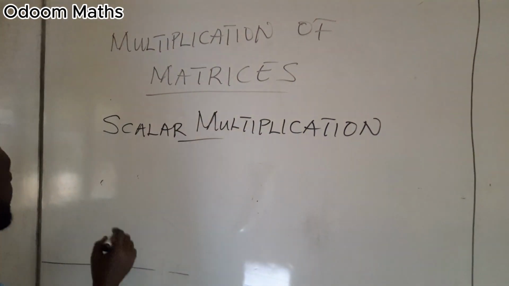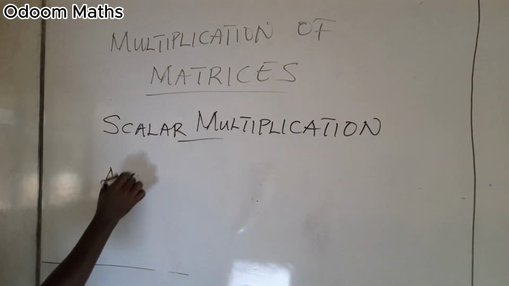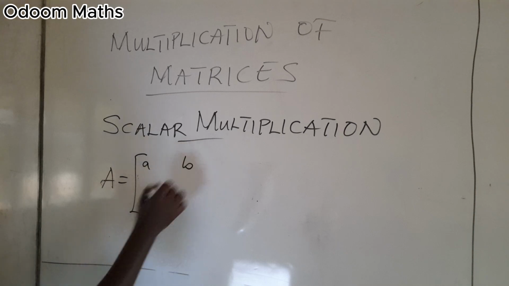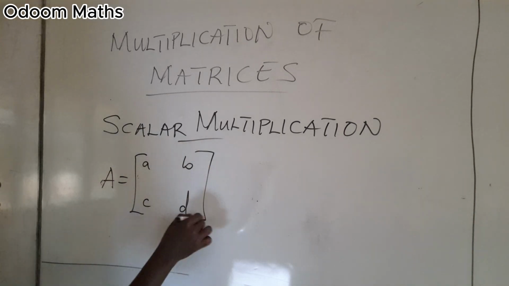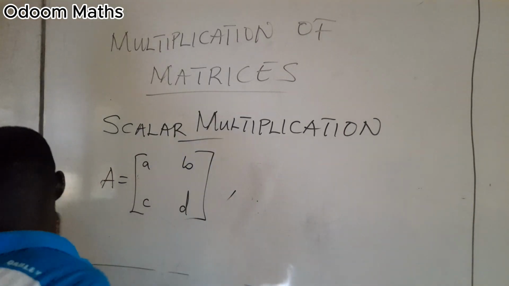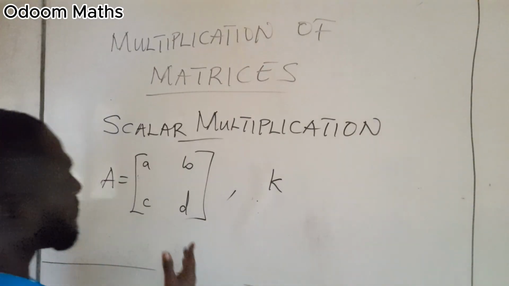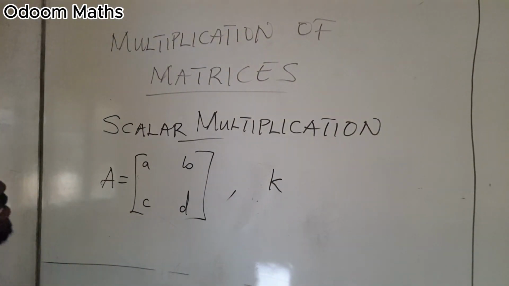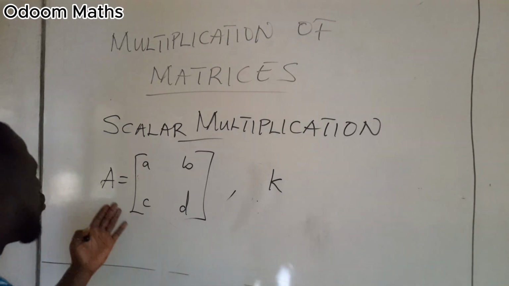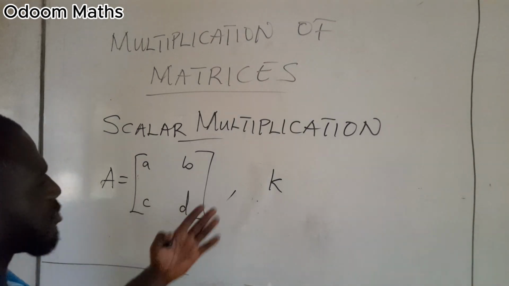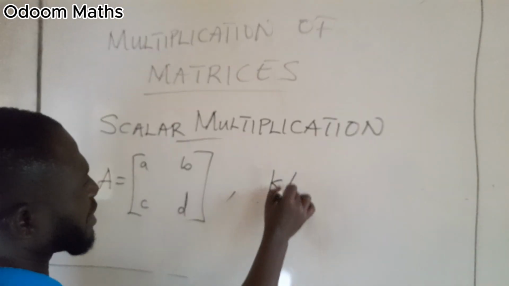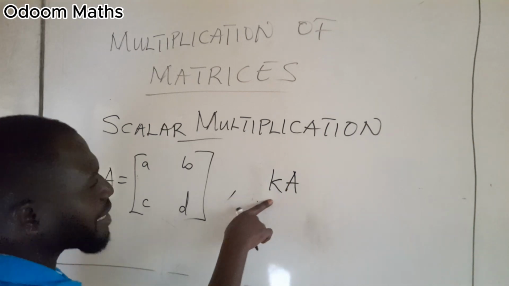So if I have matrix A, which is A, B, C, D, and a scalar that is K, for me to find the scalar multiplication of this matrix, all that I need to do is multiply the scalar, the number, times the matrix itself.